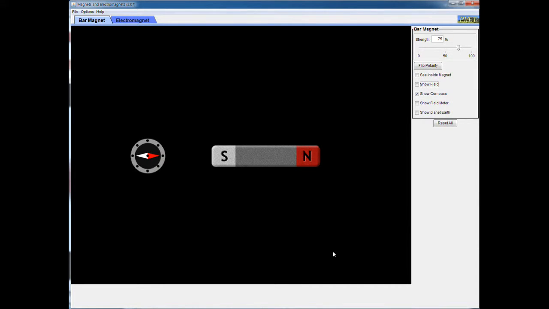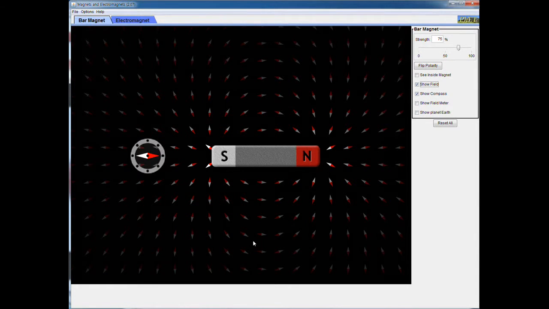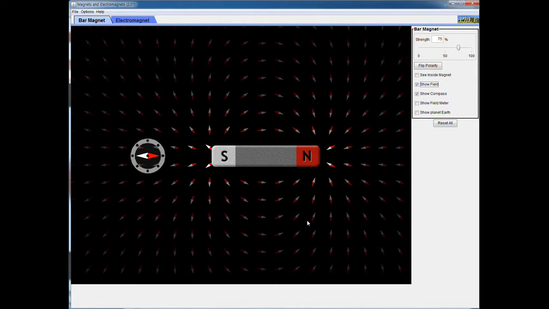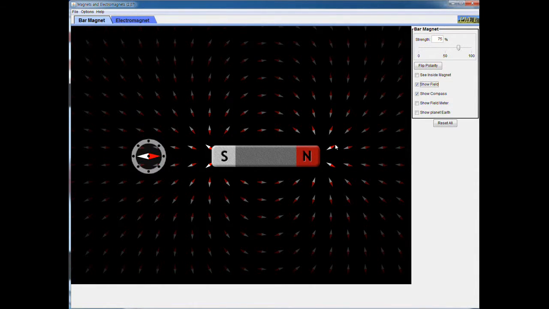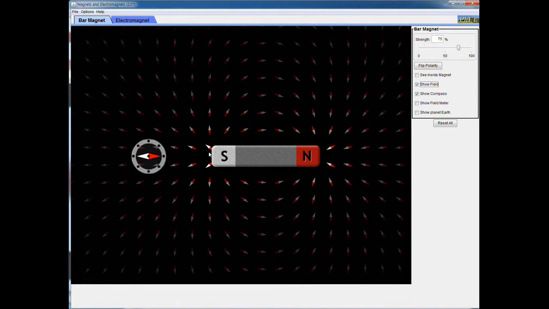So in fact, these tiny compasses around this bar magnet finally show you the direction of the magnetic field, which we have already guessed using this compass. They come out from the north pole and finally go into the south pole.